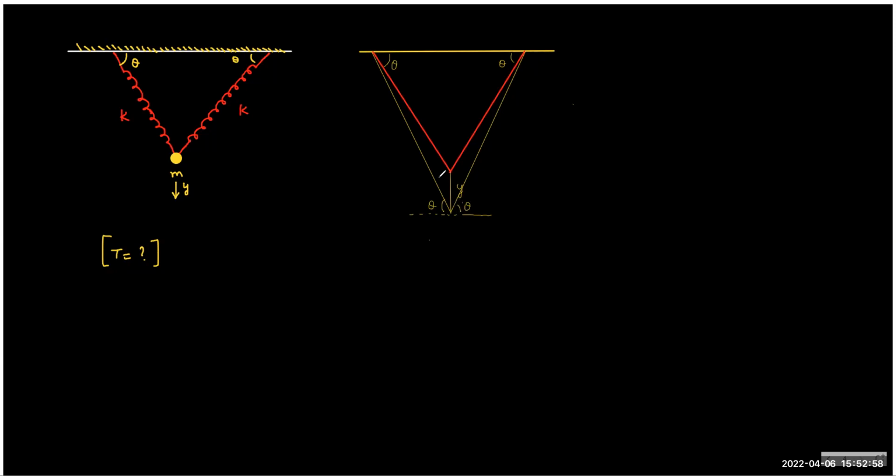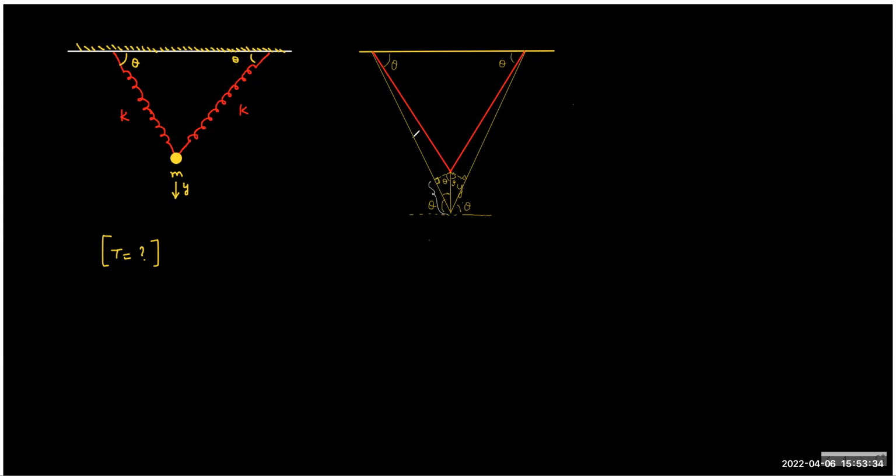So the question is, what is the elongation in each spring? You can draw a perpendicular like this. And this is theta, this is 90 minus theta, so this is theta. And if you draw a perpendicular from here to here, this is also theta. So we have been able to understand the theta part. And because I have taken y as the downward shift, you can see clearly the elongation is only this much.